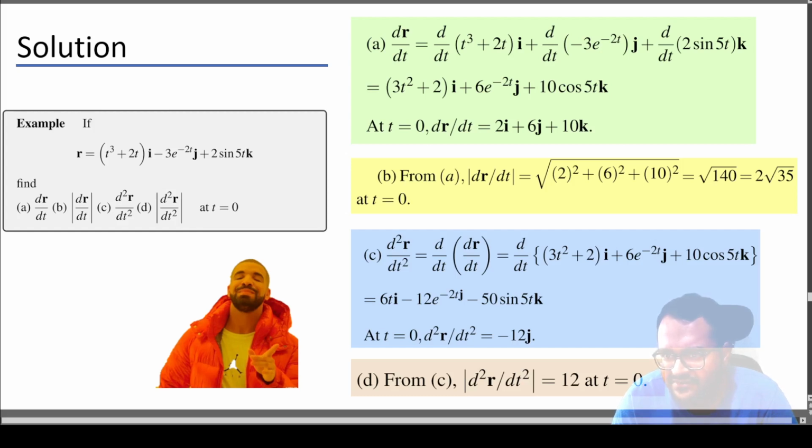Here this is constant. If you start from here, your acceleration will be 0, just 0. But don't do that. Your dr/dt is this as a function of time. You take another derivative of this, then you substitute t equals 0. So you make another derivative, you get this, then you substitute t equals 0, and you get this. And after you get this, the modulus is 12. These are some very elementary mathematics. You will need it at any point of time.